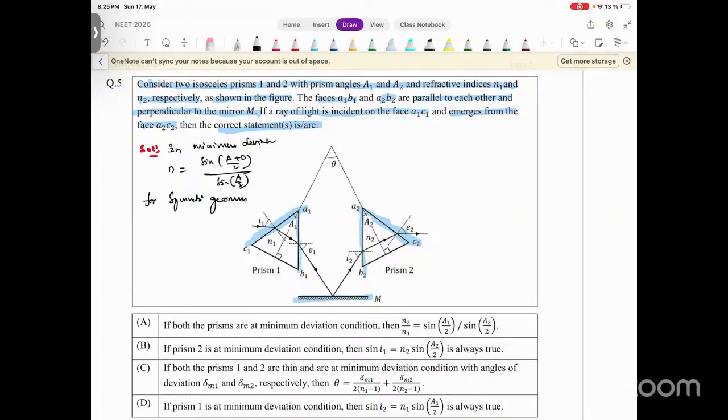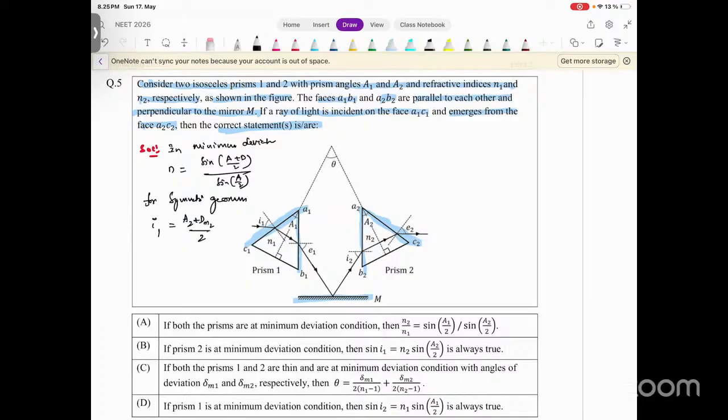Look, I1 will be equal to how much for me? From the diagram, it is very clear. I1 will be equal to the angle of your prism. At the emergence, this will be equal to your A2. So I1 will be equal to A2 plus the minimum deviation of the second one divided by 2.